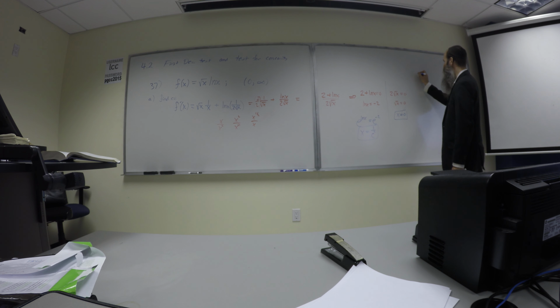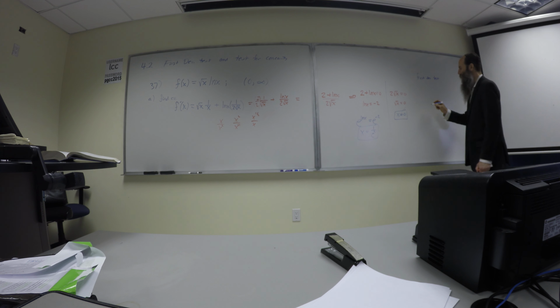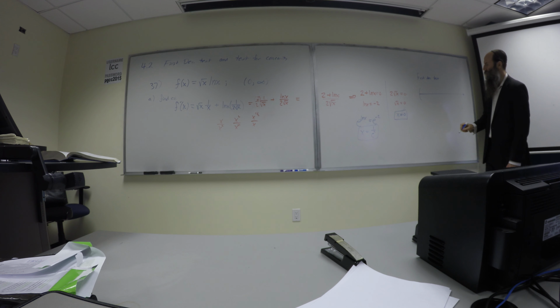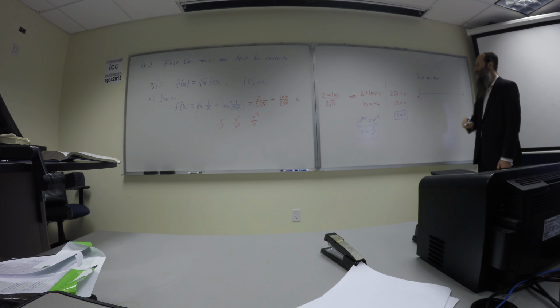So now it's first derivative test. So our number line we're going to construct is open, right, because 0 is not part of it, to infinity. The opening is at 0. Again, 0 is only here because of the interval we're on, not because of the critical value we found. And then 1 over e squared is somewhere here. Why not?